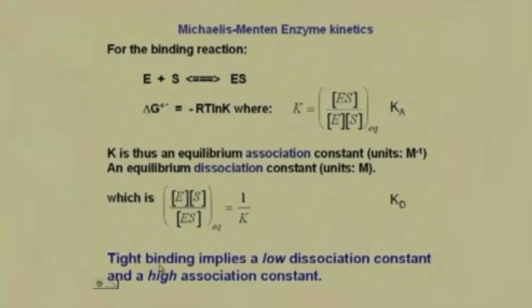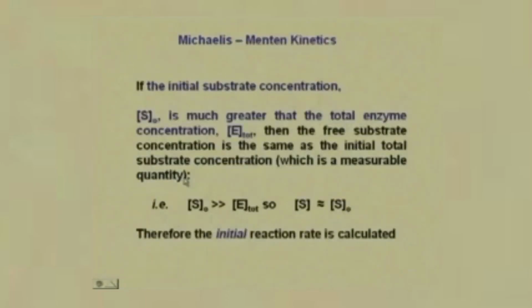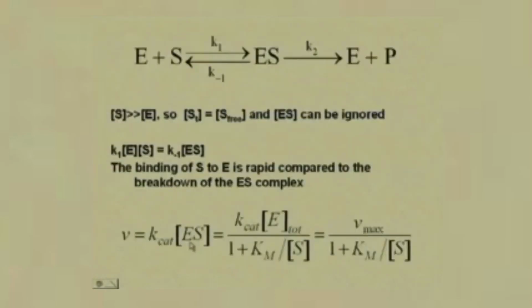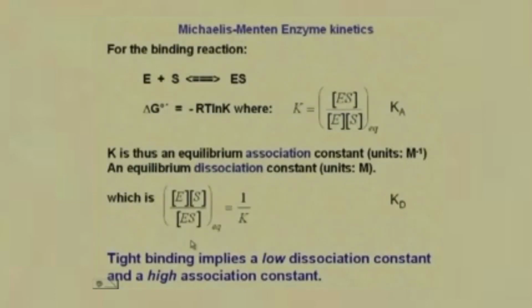If I have a tight binding, I will not have dissociation, so I will have a low dissociation constant, but I will have a high association constant, obviously, because if we consider Ka, 1 by K is going to be our dissociation constant. So if I have a high association constant, it means that the enzyme and substrate complex are bound tightly.